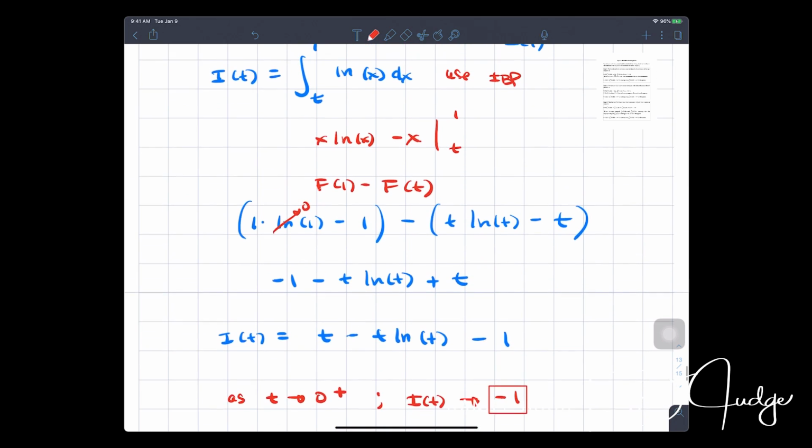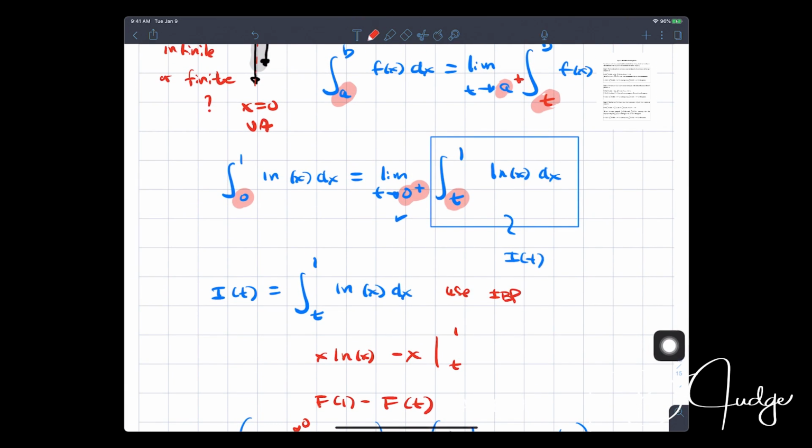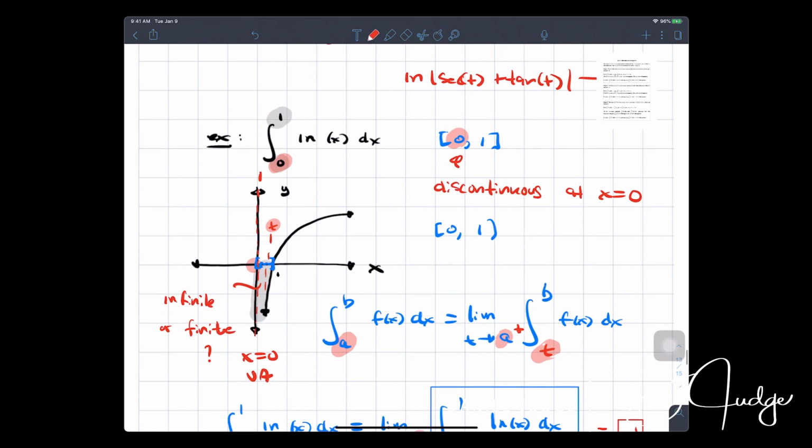Which means, ladies and gentlemen, that this also equals negative 1. The original question here, this is negative 1. So we have here convergence. And moreover, if we erase all this, the area under this particular curve is negative 1.